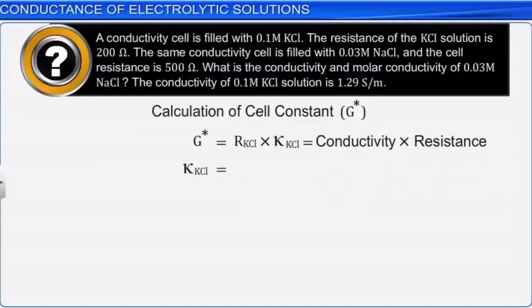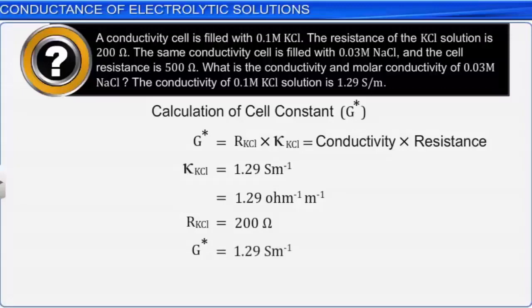Remember that Siemens is equal to inverse ohms. The resistance of the solution is measured to be 200 ohms. Therefore, the cell constant is the product of 1.29 times 200. The unit of ohms cancels, giving a cell constant of 258 inverse meters or 2.58 inverse centimeters.